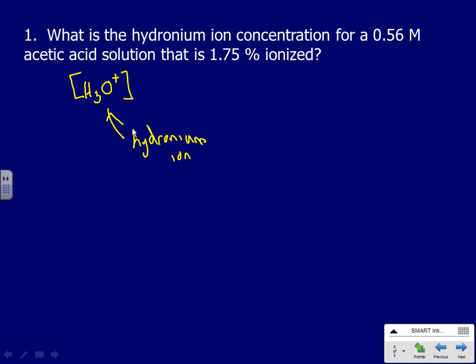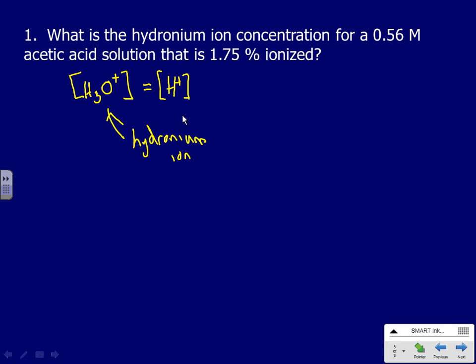Now, in your textbook, when you are assigned some problems, even in the grade 12 textbook, they like to talk about the hydrogen ion concentration, H plus. The hydrogen ion concentration is really the same as the hydronium ion concentration. I told you yesterday that a hydrogen H plus will not just sit there and do nothing. It will stick to the nearest water and form an H3O plus.